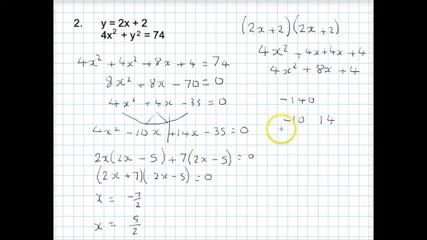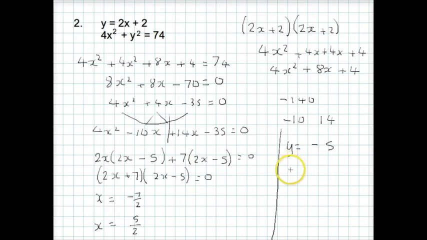So I'm just going to do this over here. So if we do y is going to equal, let's put this one in first, 2 times minus 7 over 2. Well, that's going to give you minus 14 over 2, which is minus 7, plus 2 is going to give us minus 5.